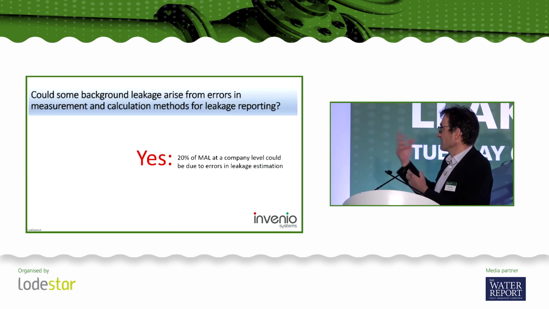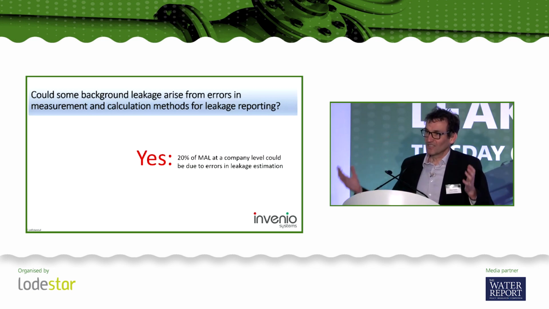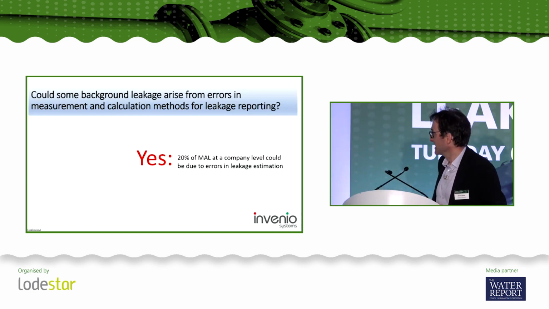Now, inherently, it's an estimate of the error, and so that's inherently very uncertain. I'm very willing to be persuaded it's much, much bigger than that, and I think, again, evidence today has shown that that might be the case.